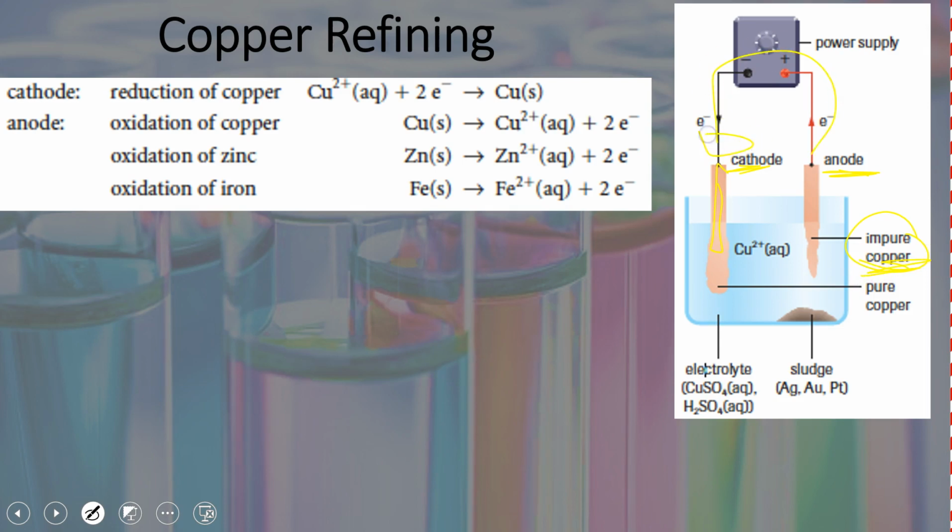The electrons will travel to the cathode, and the copper ions that are in the solution, as well as the copper ions that are breaking off of that impure ore, will start attaching themselves to the pure piece of copper. That's how they gain pure copper or pure silver or pure whatever it is. And everything else that was part of that ore will start sloughing off towards the bottom, precipitating.